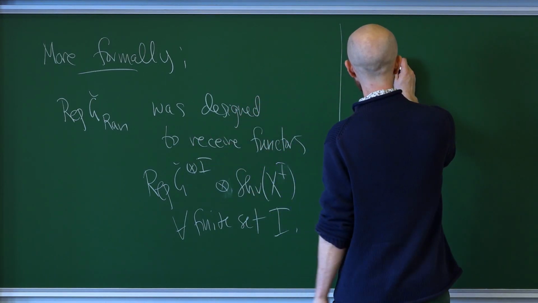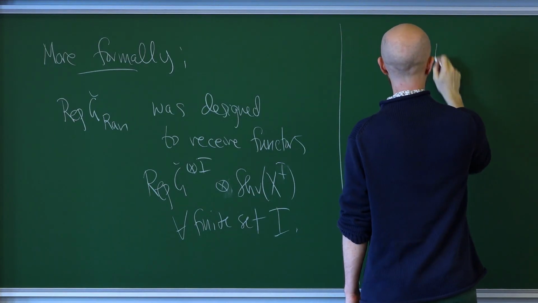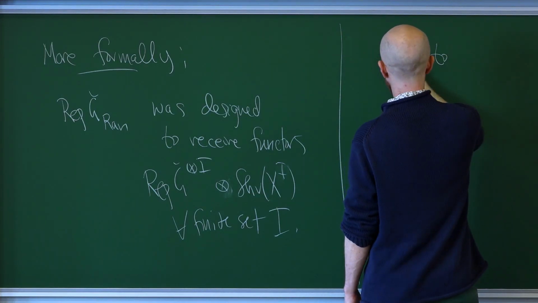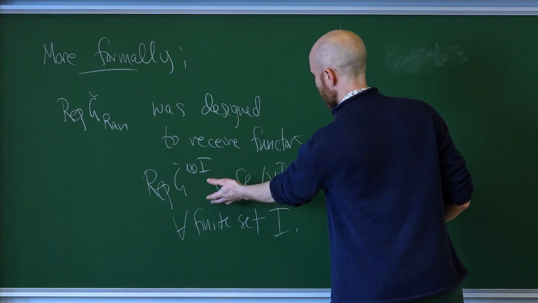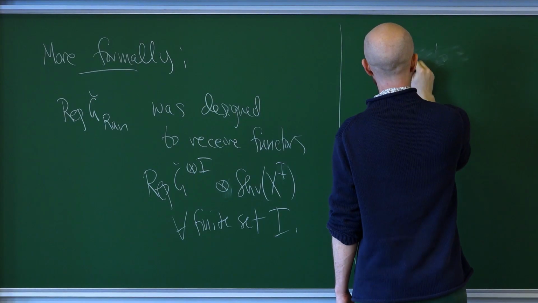Okay, so what I need to tell you is, I need to provide functors from here to this QCoh of LocSys G check.